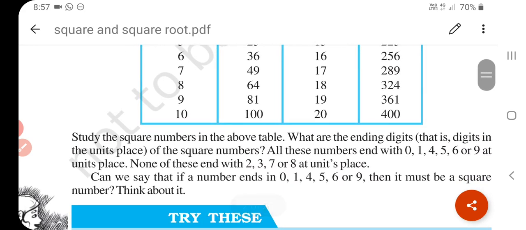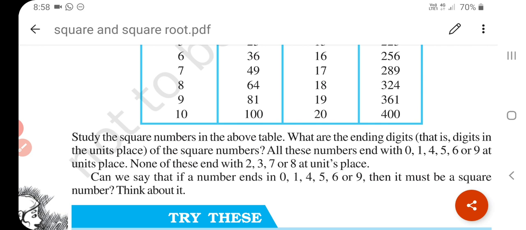Study the square numbers in the above table. What are the ending digits? That is the digit in the unit place of the square numbers. All these numbers end with 0, 1, 4, 5, 6 and 9 at the unit place. None of these numbers ends with 2, 3, 7 or 8 at the unit place.